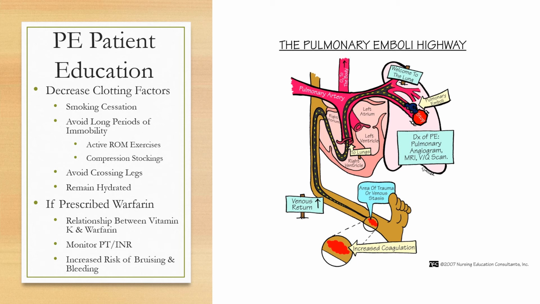We can adjust the warfarin based on your diet. But if suddenly someone that's taking warfarin starts eating lots of vitamin K in their diet, it's going to decrease the effect of warfarin because vitamin K is the reversal agent for warfarin.